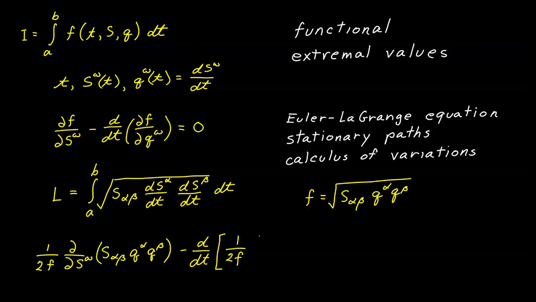So what's left here is the partial with respect to q omega of this same expression, s alpha beta q alpha q beta, like this, and this whole thing has got to be equal to 0. So this then is the expression that has to be satisfied in order to find the stationary path.